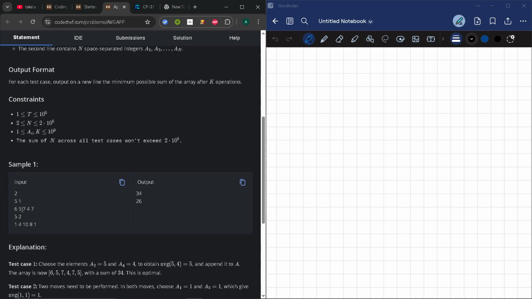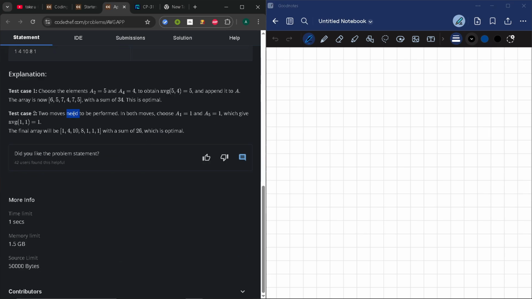That is the same. We need to look for the minimum average that we can append any number of times. Let's say if we see here, two moves need to be performed. In both moves, choose a1 equal to 1, a5 equal to 1, which gives the average of 1 comma 1 equals 1. Sum of 26, which is optimal.